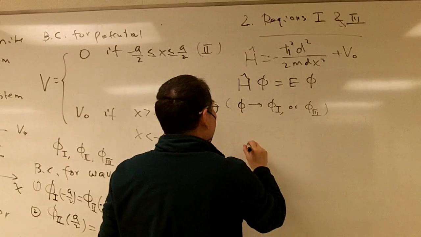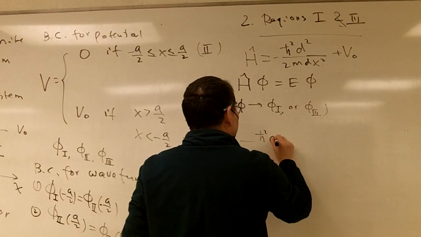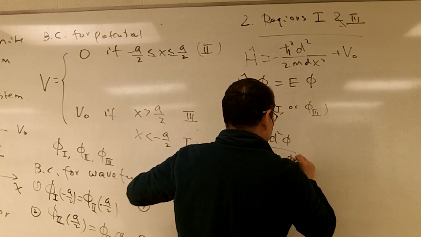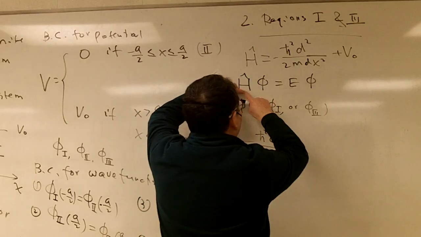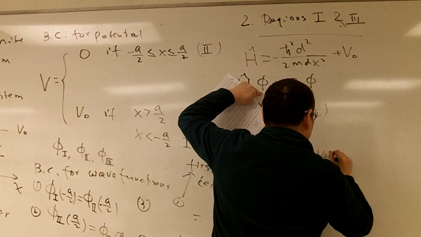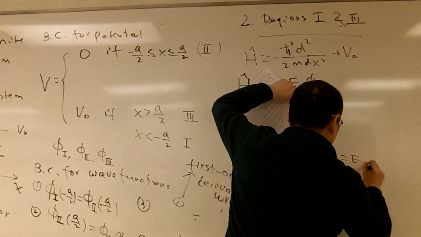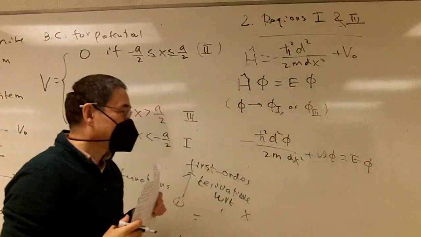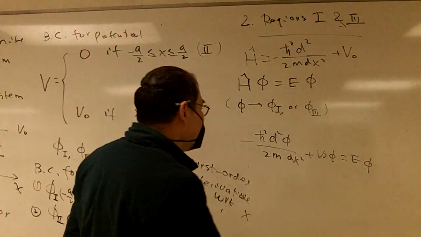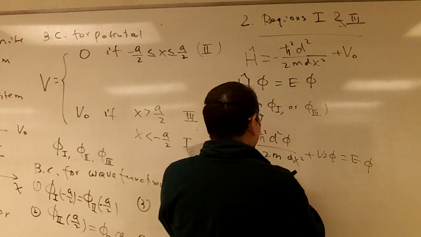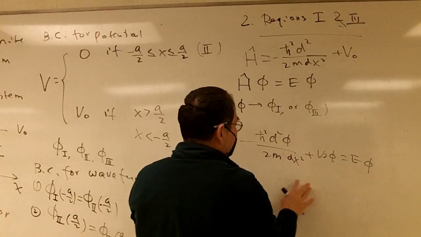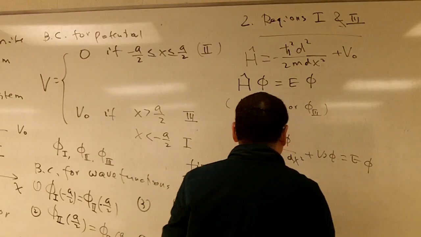So you will see me write down h bar squared over 2m, d squared phi over dx squared. So that's the first term. And the second term is multiplied by V0. And my right-hand side is just E phi, like this. And this differential equation is also quite standard. Let me move all these terms to the right-hand side, so my first term will become positive, to make things a little bit simpler.